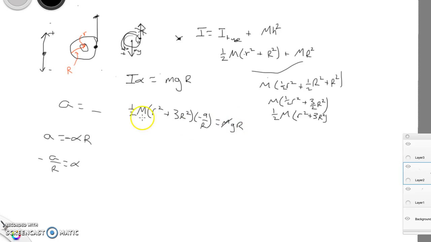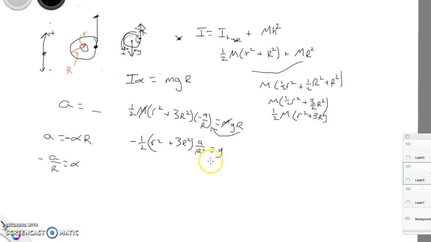Okay, the m's cancel out. We're going to divide r over. So 1/2 r squared plus 3 R squared. We'll put the negative in front. Then times a over r squared equals g. So multiply across, and we'll divide big R squared to both of those.